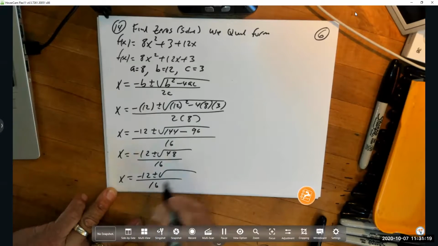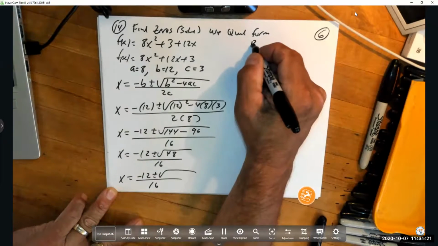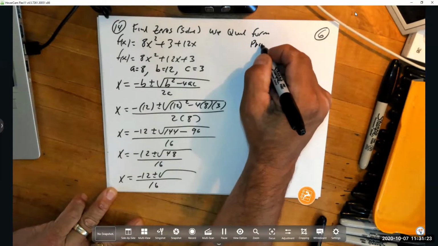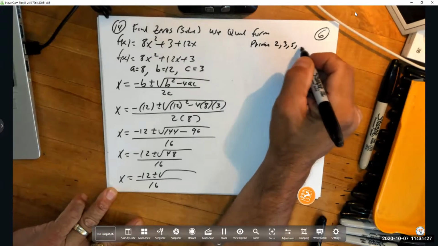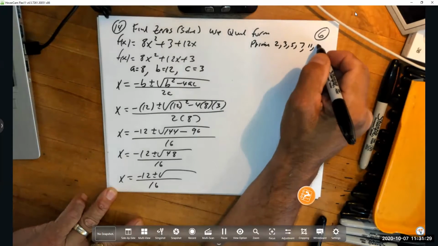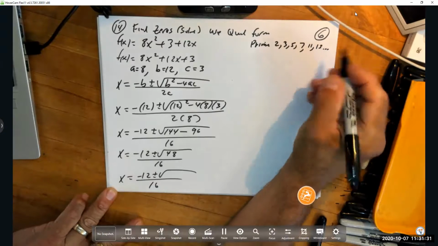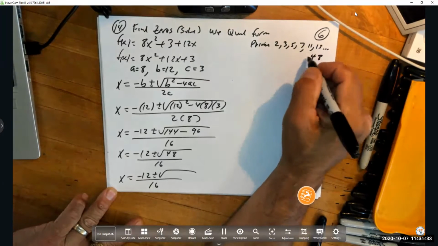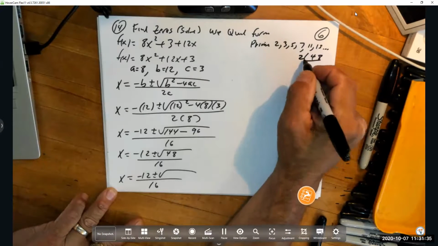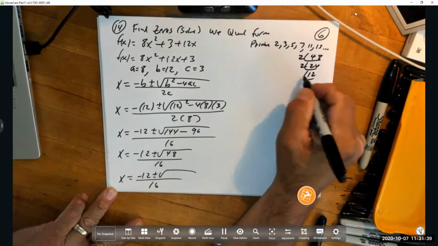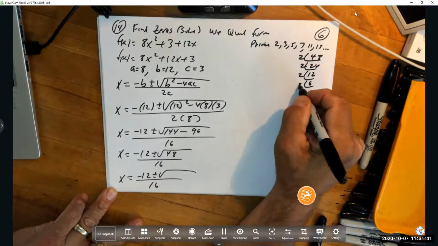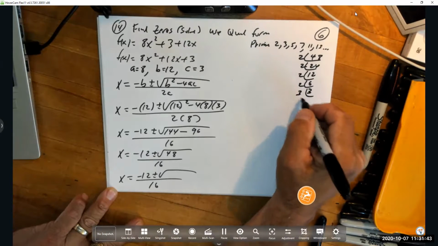All right, so now let me change it, but let me go back over here. When you were in first, second, third grade, you had something called prime numbers: 2, 3, 5, 7, 11, 13, and they went on. So I'm gonna start with 48, and do the same thing, just prime numbers. 2 divides that, 24. 2 divides that, 12. 2 divides that, 6. 2 divides that, 3, and then 3 divides 3.